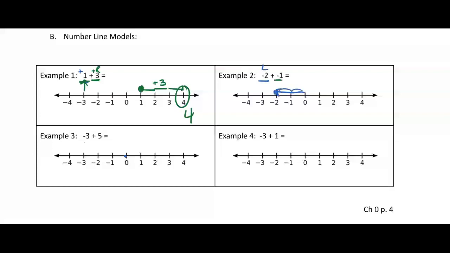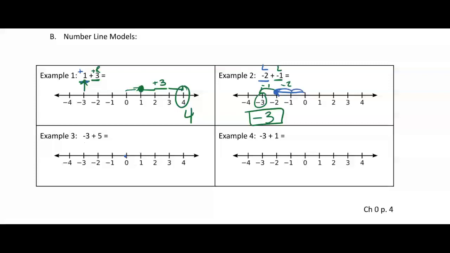And then this negative 1 says I'm going to go in the left direction 1 more. So negative 2 plus negative 1 leaves me at negative 3. When we see here, because we moved in the same direction twice, our progress in that direction added to itself. It combined to make me go even further in that direction.